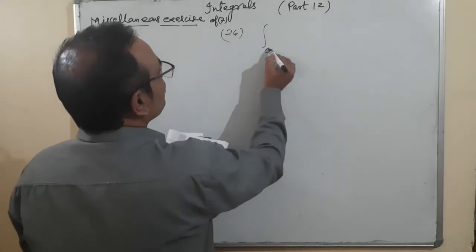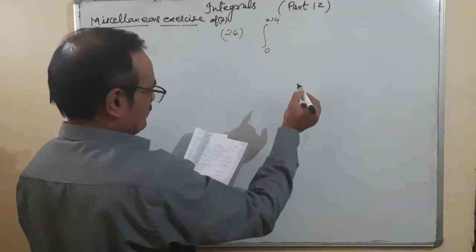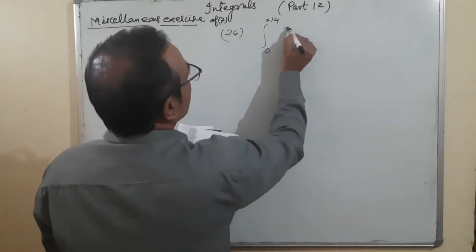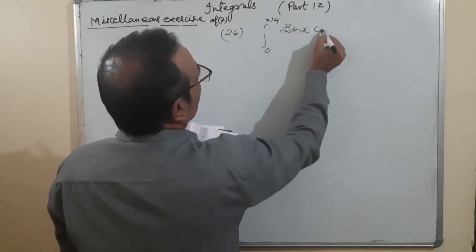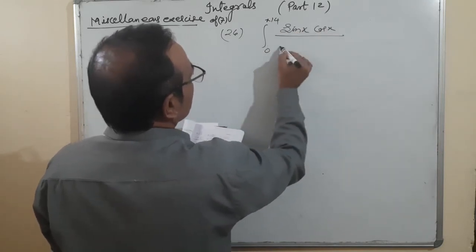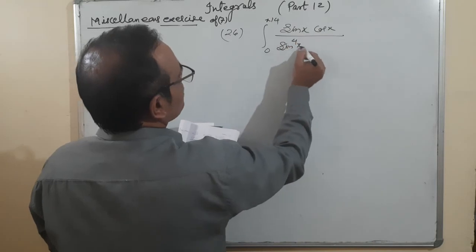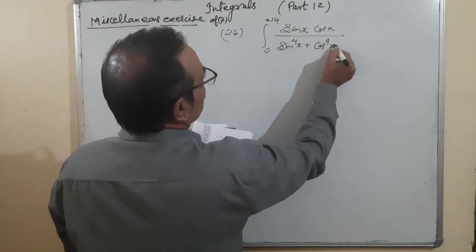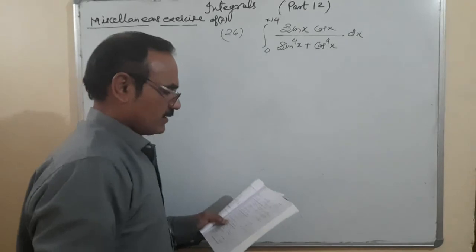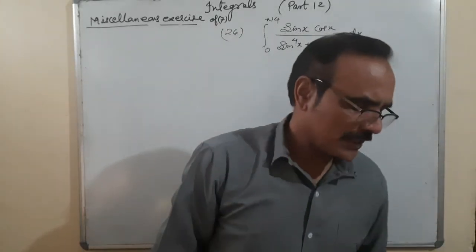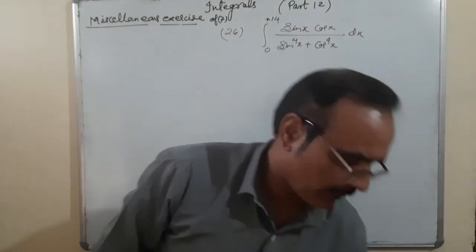Integral from 0 to pi by 4, sin x into cos x upon sin to the power 4x plus cos to the power 4x dx. Okay, sorry, cos to the power 4x plus sin to the power 4x dx.